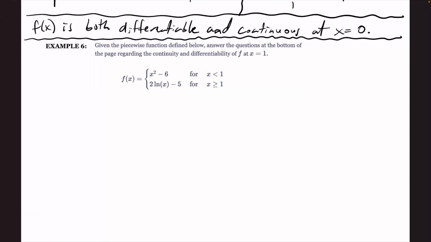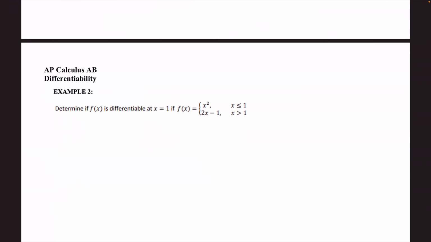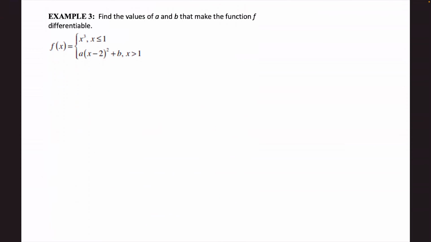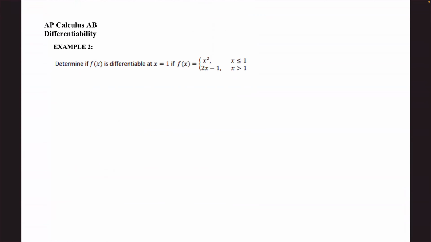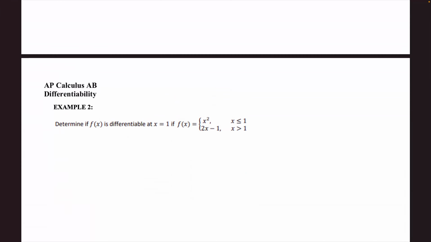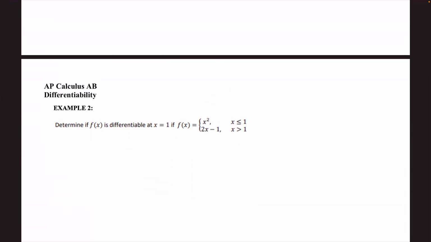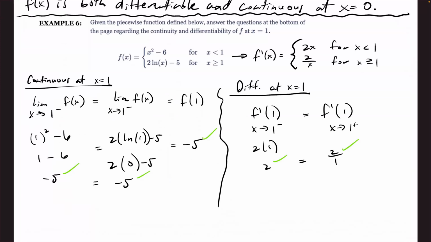Or is there another page? Is there another page? Okay, because it's labeled, I don't know why it's labeled that way. Yeah, it goes 6 and then 2 and 3. Yeah, but 3 and 4 are finding A and B.